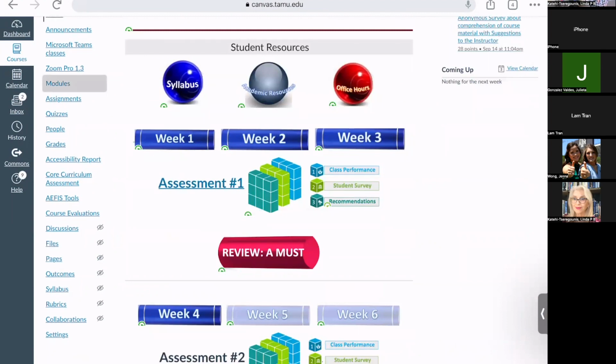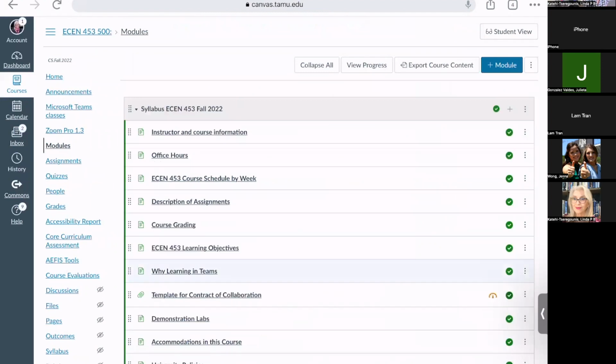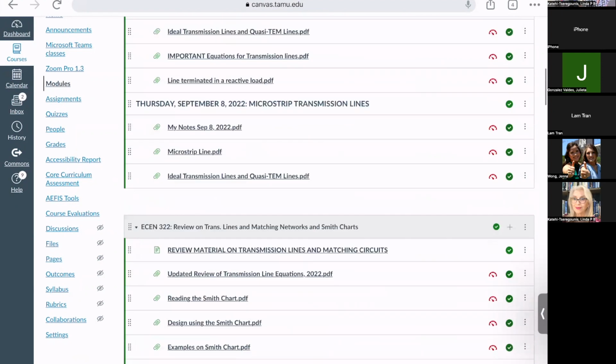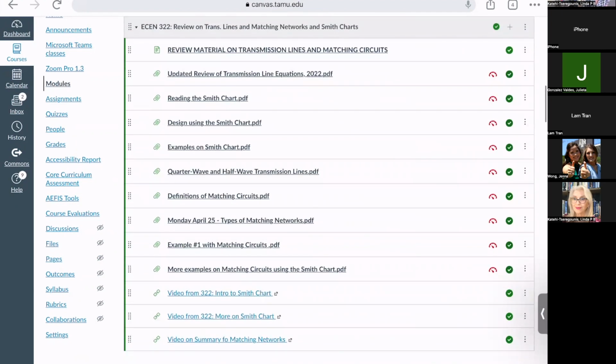All right, so you go to modules, you will see there is one after 3 that is called Review on Transmission Lines. And you will find out that there are a lot of examples with matching networks. So let me see on this one.